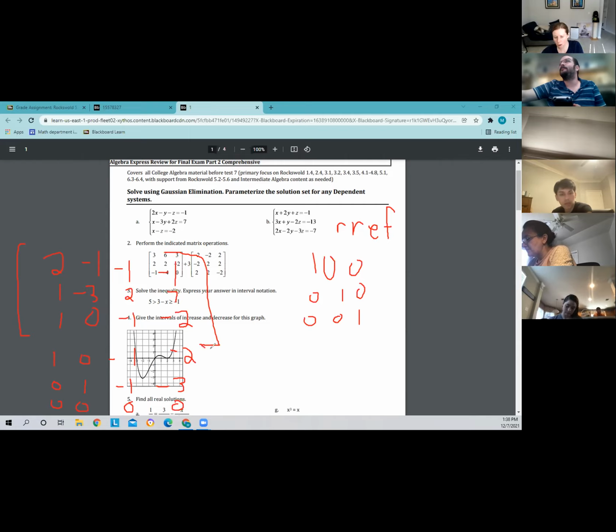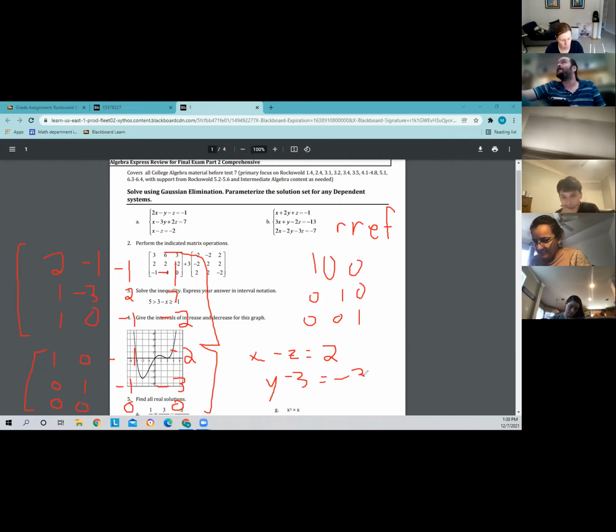It's dependent, the same line, right? So we have to give an equation of a line: x minus z equals minus 2 is what this line gives me if I spit it back out from the matrix. Y minus z equals minus 3.